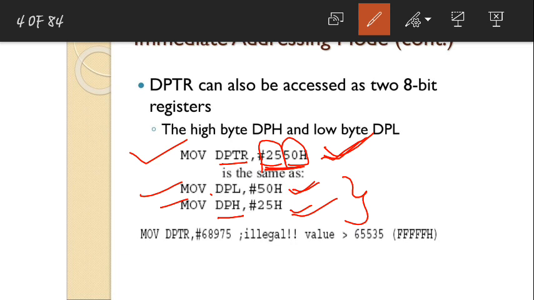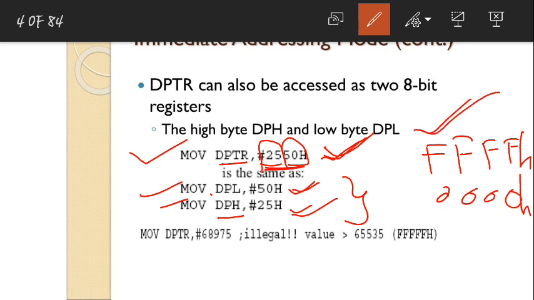And the thing I mentioned was that DPTR is a 16-bit register, so the maximum value it can take is this, and the minimum value it can take is this, in hexa. Whenever you give any value, it shouldn't exceed this. Here it is trying to move a larger value in decimal.